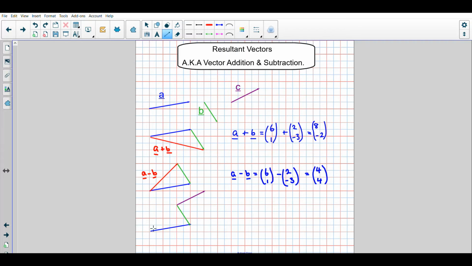So there's our beginning, there's our end. So this red one is now the vector A minus B plus C.